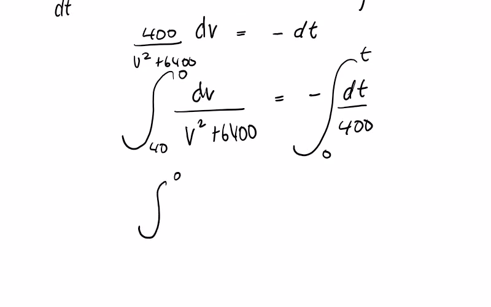So between 0 and 40 of 1 over v squared plus 80 squared is going to be one of my ratios in the table, so that I can simplify down into tan. Let's just double check that. So 1 over x squared plus a squared goes to 1 over a by the inverse tan of x over a.